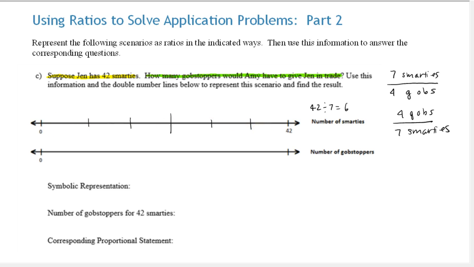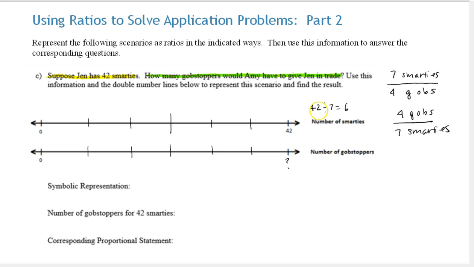Now I want to do the same thing with the number of Gobstoppers. I'm going to cut this into 6 equal pieces, and I'll have them line up, and my goal is to find how many Gobstoppers Amy would give to Jen, which is this quantity right here.